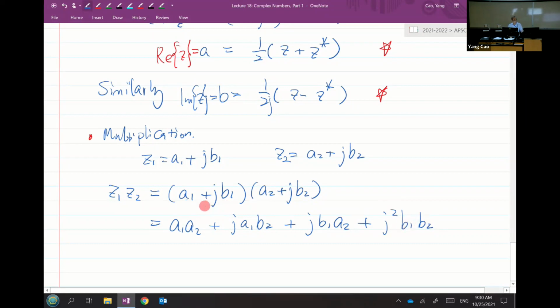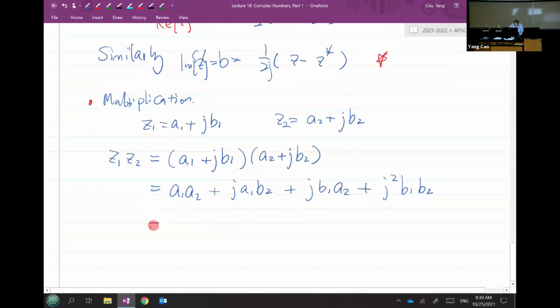j is an imaginary number, but still you're treating it as a number, so it's j squared. Then you can simplify the terms. You group all the imaginary terms together, since these terms have a j in front of them. So that's j times (a1 b2 plus b1 a2).